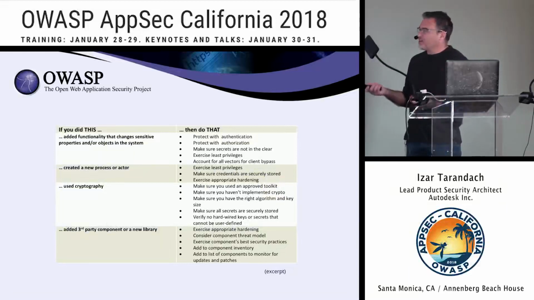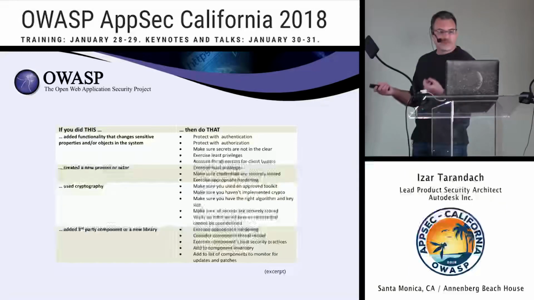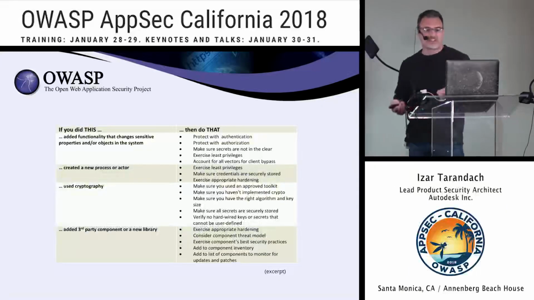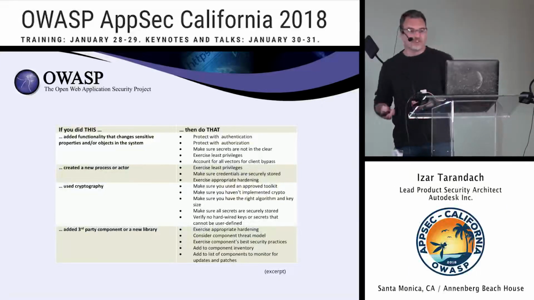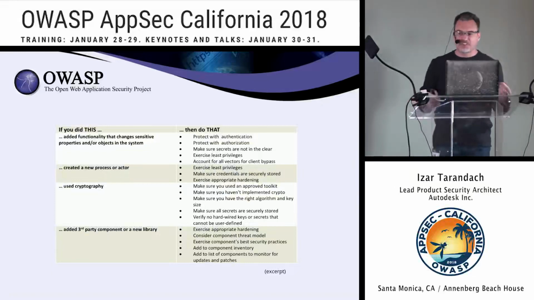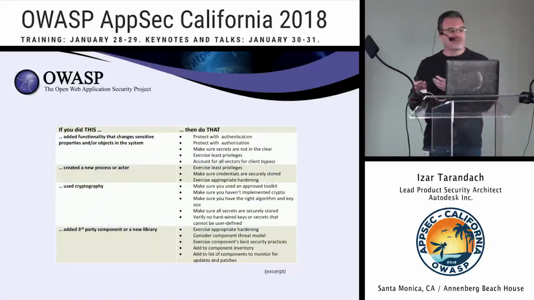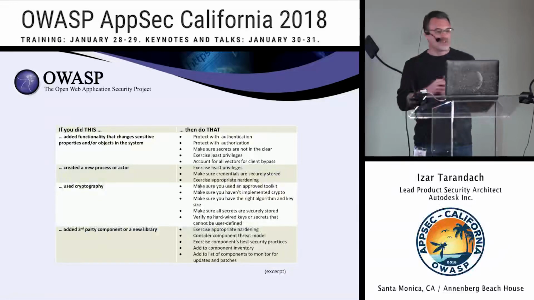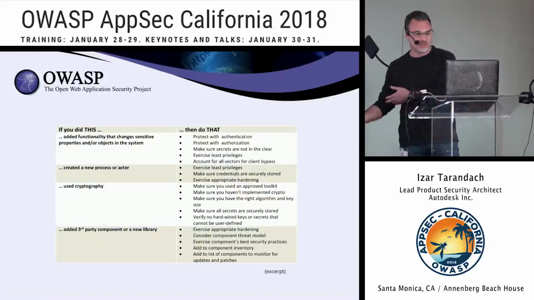The trigger side, if you did this, has to be written in a way that the developer recognizes as what they did in their code, not in security language, not in some arcane vocabulary and jargon that they have to be educated on. It has to be something they can read and say, wait, yeah, I did this. I did use some cryptography. Now let's see what I do because I used cryptography.